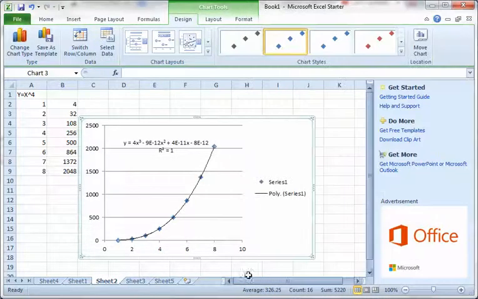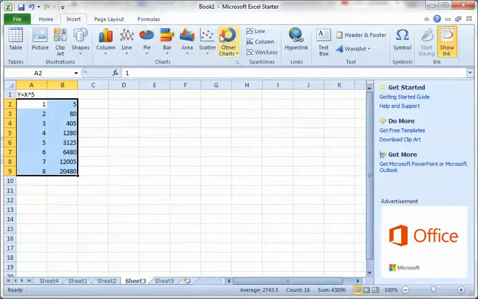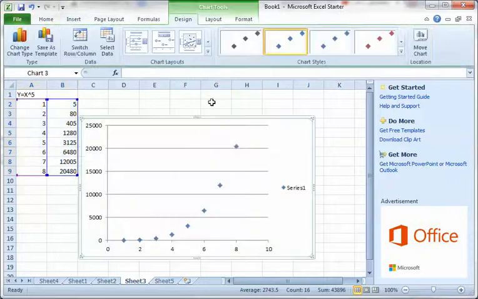Okay, let's move on again. So what you've done is for each one of these sets of data, you've changed the x func to be y is equal to math.pow x comma 2, x comma 3, x comma 4, x comma 5, and then recorded this information and put it here in the spreadsheet. So let's again do a scatter plot.